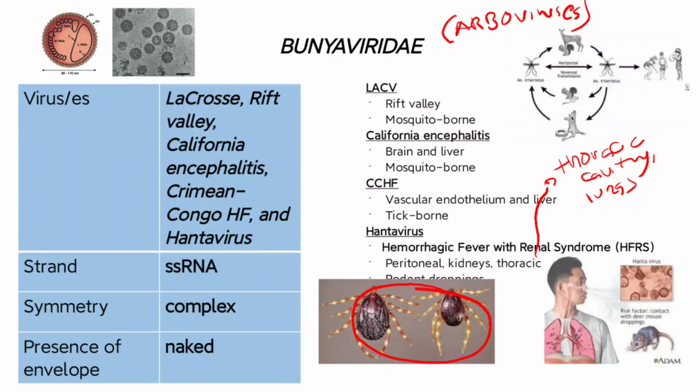Ang difference niya among all of the arboviruses, ang hantavirus, siyang tanging hindi manggagaling sa arthropod, no? Hindi siya galing sa insekto or sa mosquito, mga ticks, mga langaw. Hindi. Galing siya sa rodent droppings, sa mga mouse. Okay? Rodent droppings meaning galing sa tae, sa ihi, no? Ng mga daga.